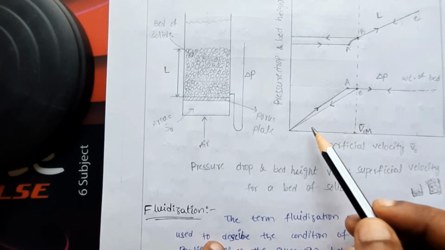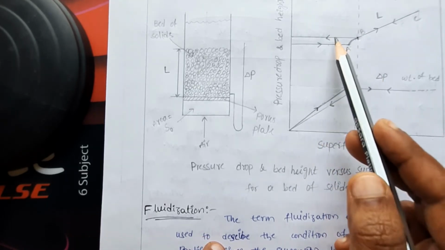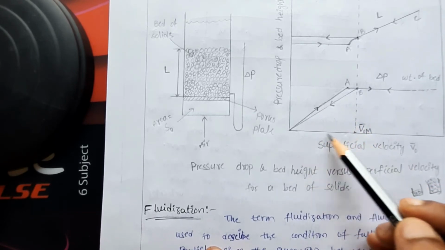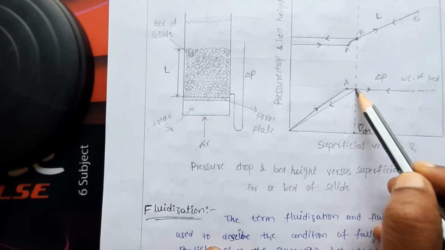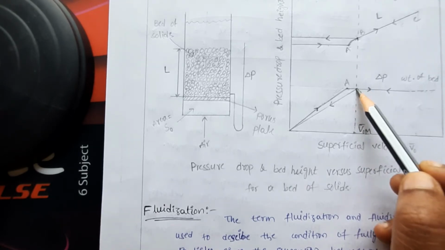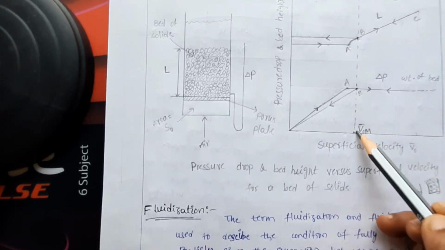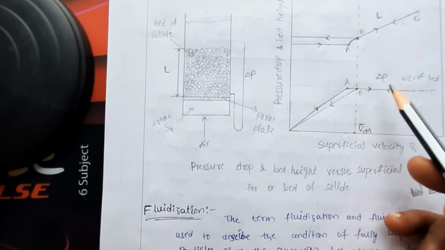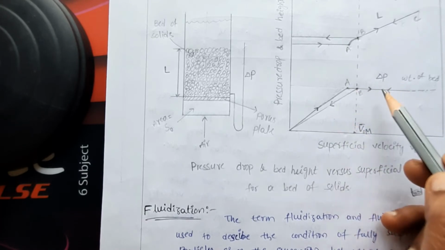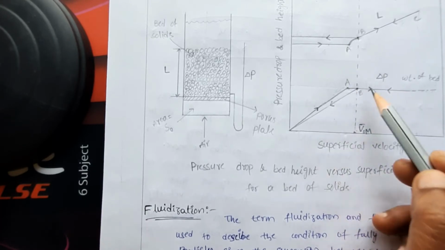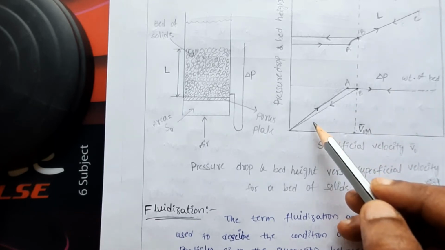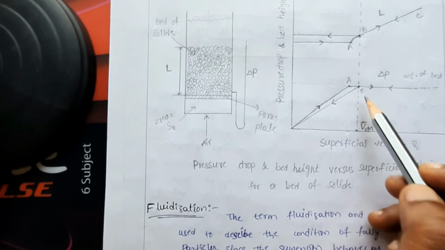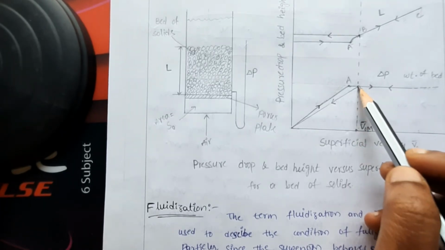Okay, clear? So once we reach this condition in this case and this condition in this case, if you again start the fluidization and increase the velocity, the disturbance will start at this point only, that B point. Initially the disturbance will start at A point, right? Once the fluidized bed has returned back to the fixed bed condition, and again we start the fluidization, the fluidization will start at this particular B point only.